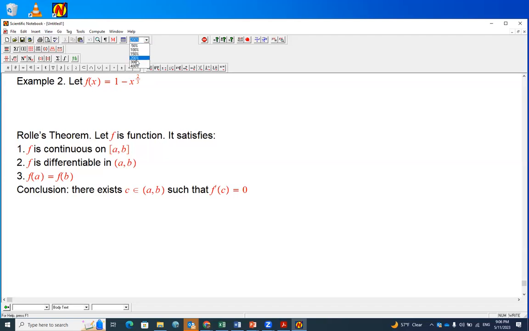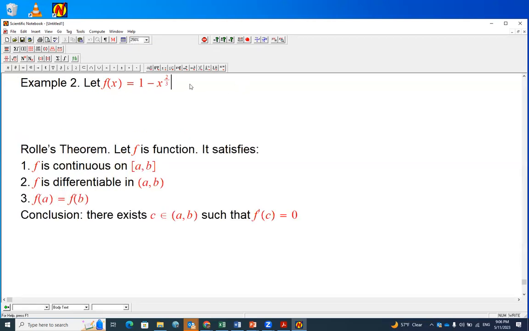Let me make the font a bit larger, 250%. And in the interval of interest, show that f of -1 is the same as f of 1.